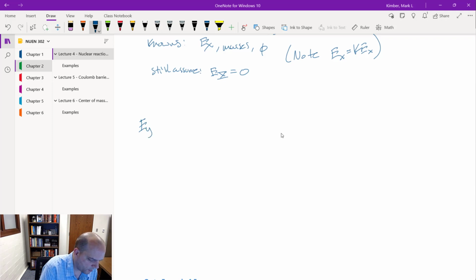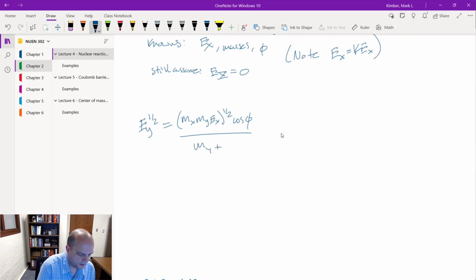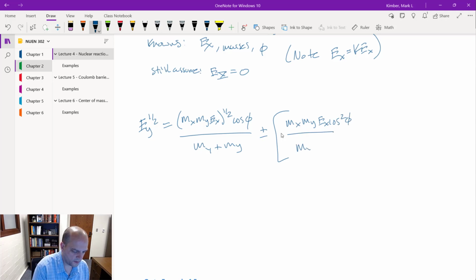So if I want to solve for Ey, for example, then Ey to the 1/2 power, I'm going to take everything on the right hand side of this expression and square that. We've got mx, my, Ex to the 1/2 cosine of phi, plus the sum of my two products. And it's this same quantity here, but I just square it.